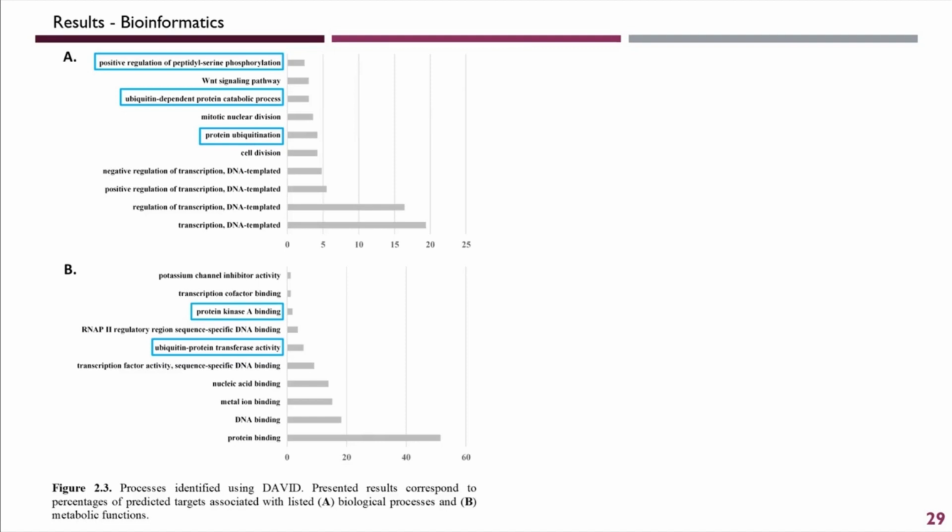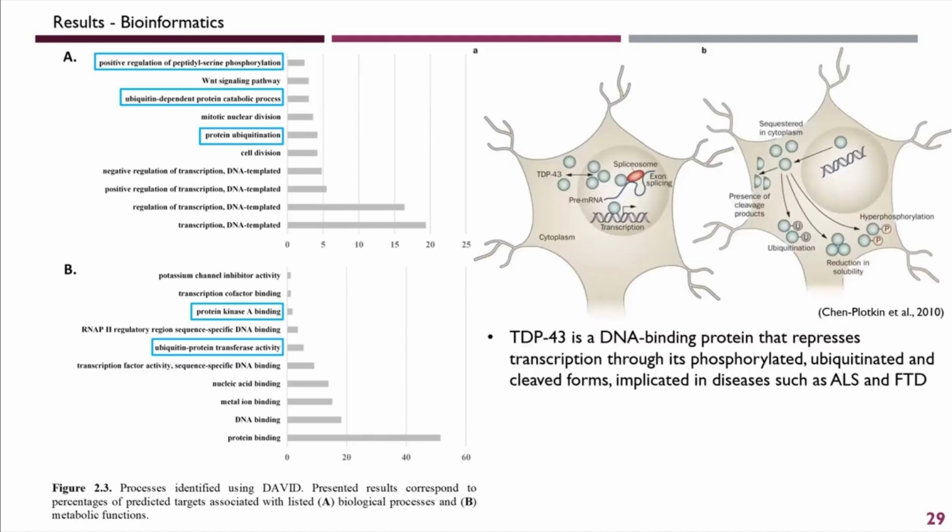That sounds like a bunch of mumbo jumbo, but what does that actually mean on a cellular and a more pathological level? Well, it seems that proteins that are in a ubiquitinated form, a phosphorylated form, or are cleaved due to a kinase, sometimes that can lead to a pathological, or we could say toxic, version of a protein.